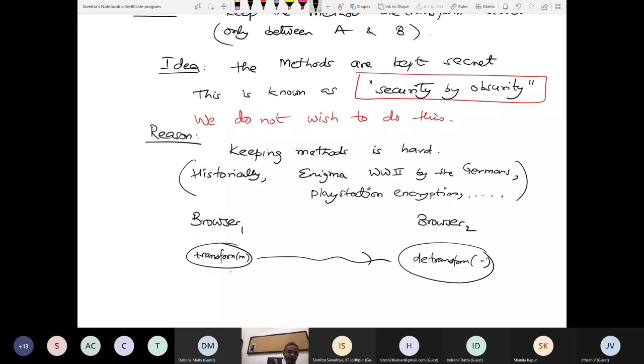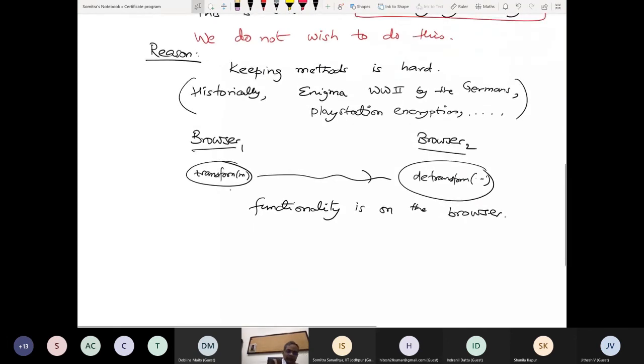Both these functionalities are now implemented inside the browser. Functionality is on the browser, which means everybody has the browser. In fact, a lot of browsers have their source code open. So keeping this method secret is essentially not feasible.